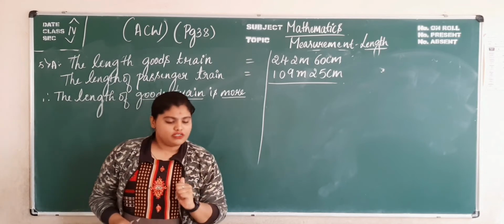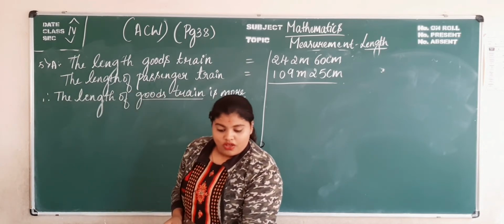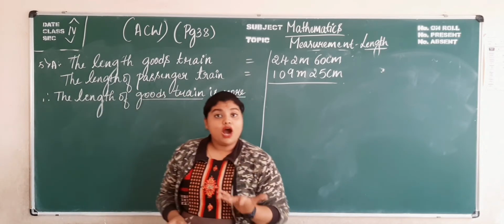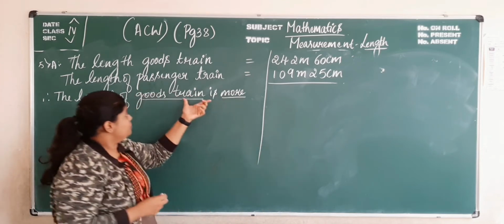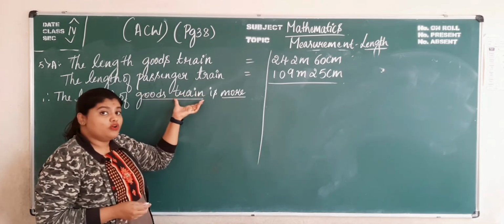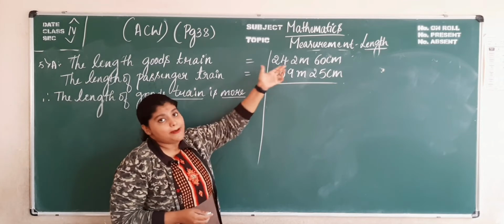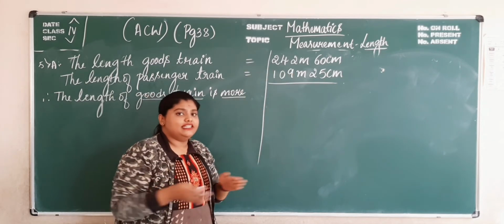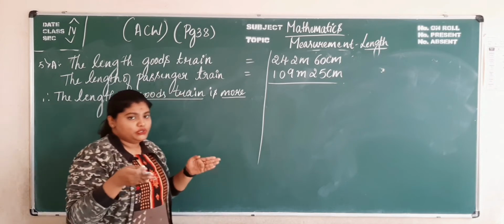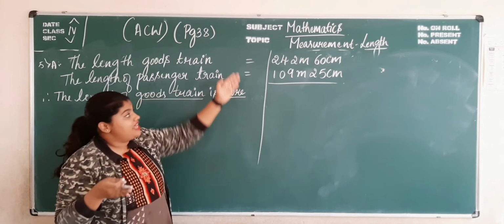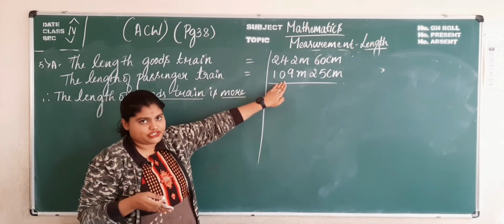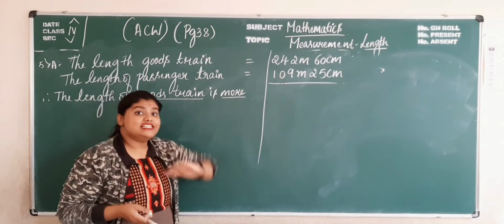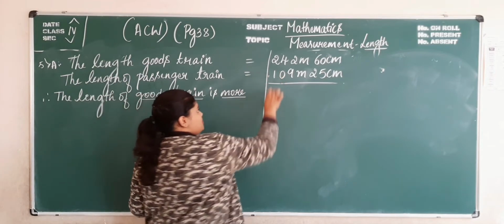So next, what is the question? By how much? By how much the length of the goods train is more when compared to the passenger train? So I should find out by how much length it is more. By how much length the goods train is long than the passenger train. So here we will be subtracting. So what should be the next statement?